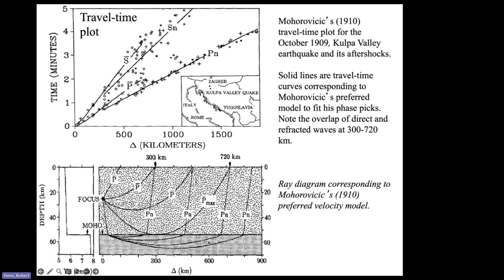So this made him say, there is a boundary between the slower layer, which we now know as the crust, at about 40 or 50 kilometers down, and a faster layer, which we now know as the mantle. And this is the Moho. This velocity step is a P wave velocity stepping up from 6 kilometers per second to 8 kilometers per second.